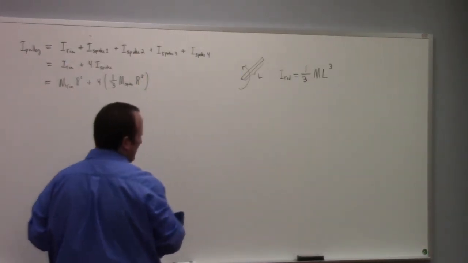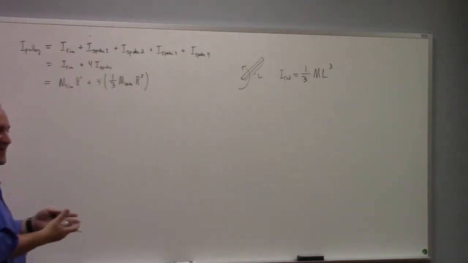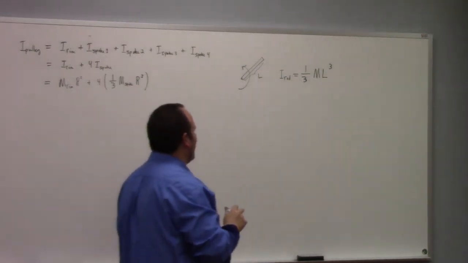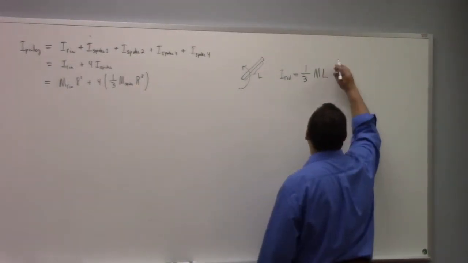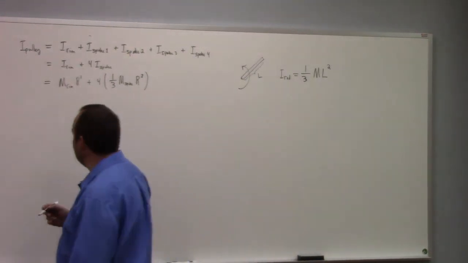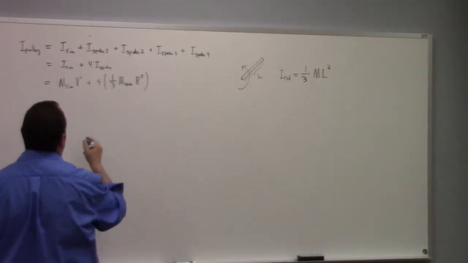I said cubed. That's wrong. It's squared. It has to be squared. Sorry. Dimensional analysis. Remember, moments of inertia should be mass times length squared. So is that 1/3 and L squared? Did I say a cube up there? What's wrong with me? Goodness gracious.